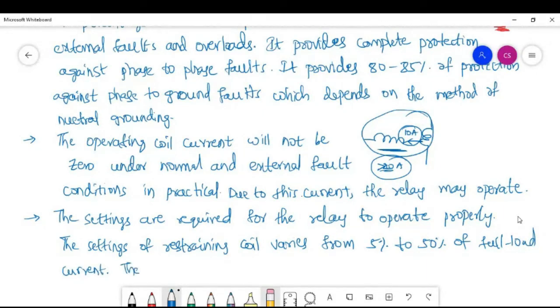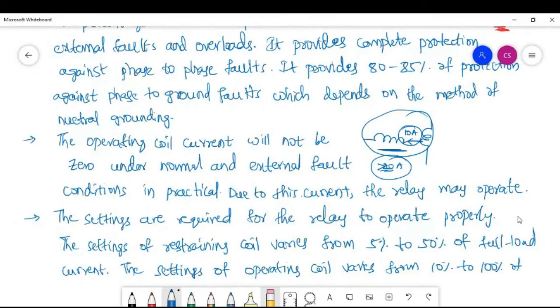Similarly, the settings of the operating coil vary from 10% to 100% of full load current.